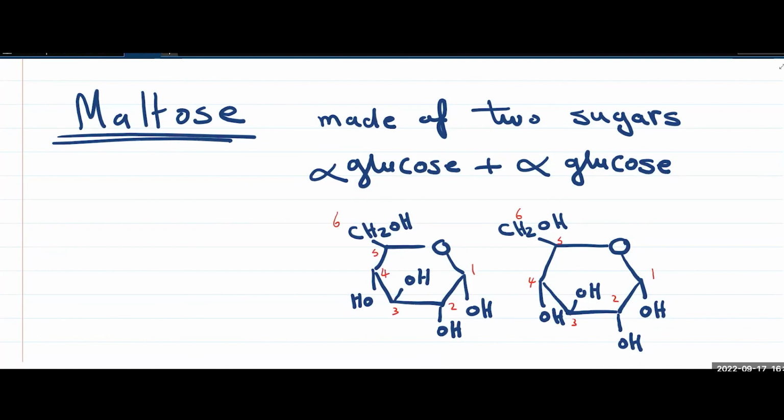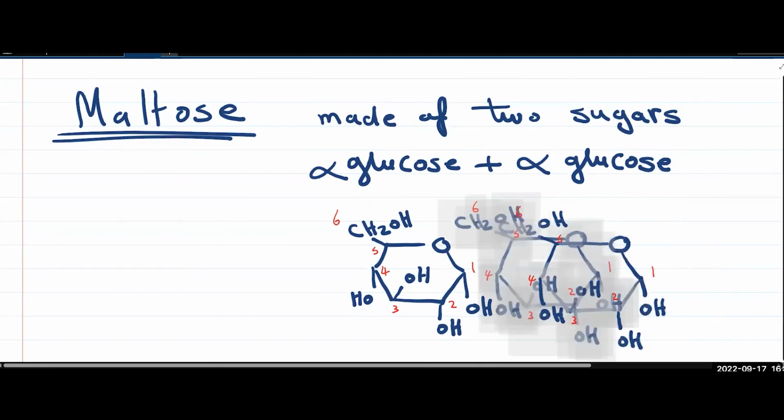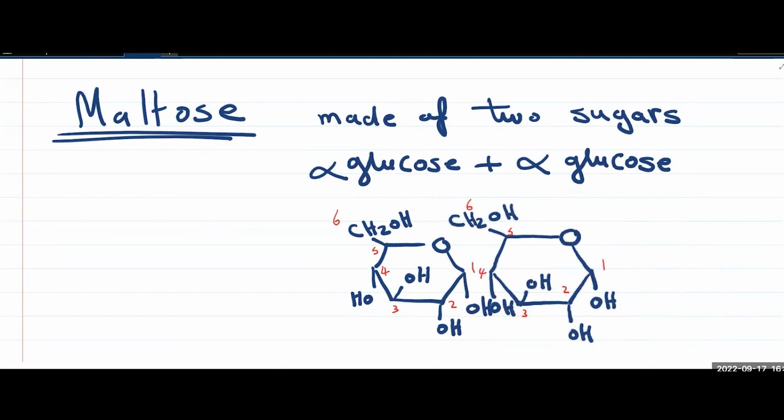Right, let's think together which carbon or hydroxyl group can react together. You can see carbon number 1 and carbon number 4, right? Because if I take that alpha glucose and put it close to the other one, which two carbons will react, being so close to each other?